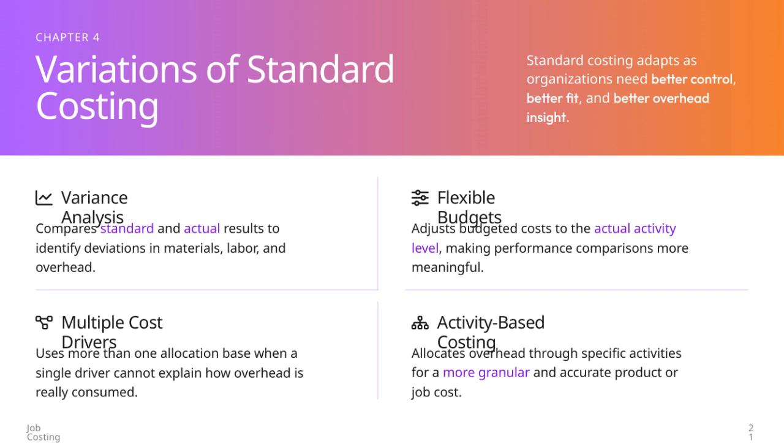Activity-based costing takes this even further by assigning overhead costs to specific activities. This approach provides a more detailed and accurate picture of product or job costs. Lastly, job costing focuses on tracking costs by individual jobs, which is especially useful in industries where products or services are customized. Together, these variations help organizations manage costs more effectively by tailoring standard costing methods to their unique requirements.